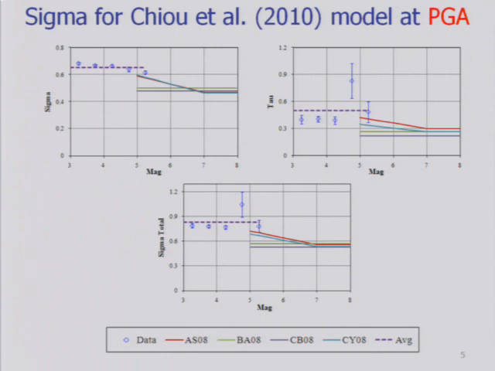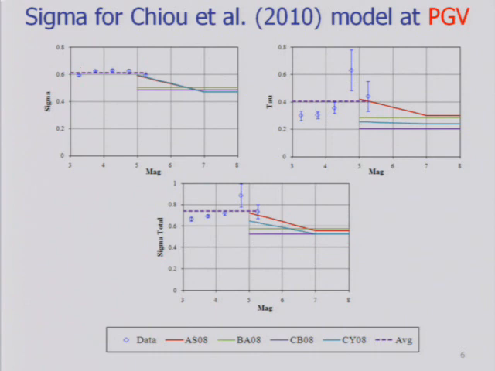These predicted sigma values were for strike slip main shock events with magnitude greater than 5 on rock. We see here, these plots are for peak ground acceleration, and they show that on average sigma for small to moderate magnitude data appears to be larger than what's predicted by the NGA West relationships for larger magnitude data.